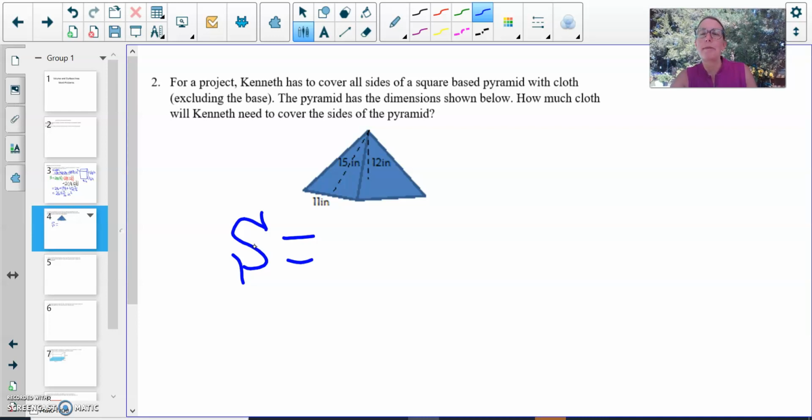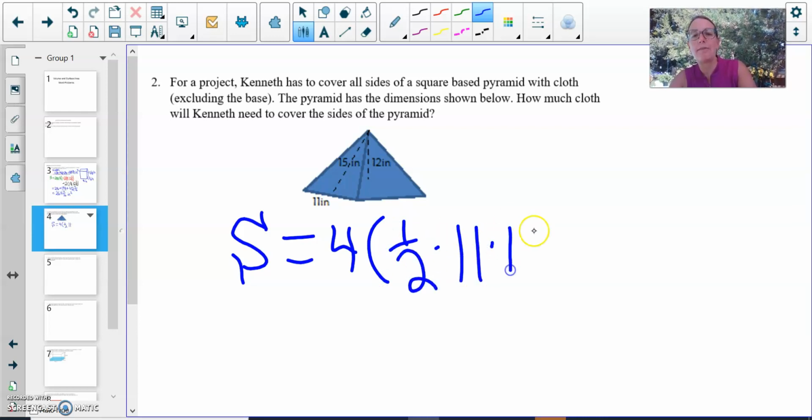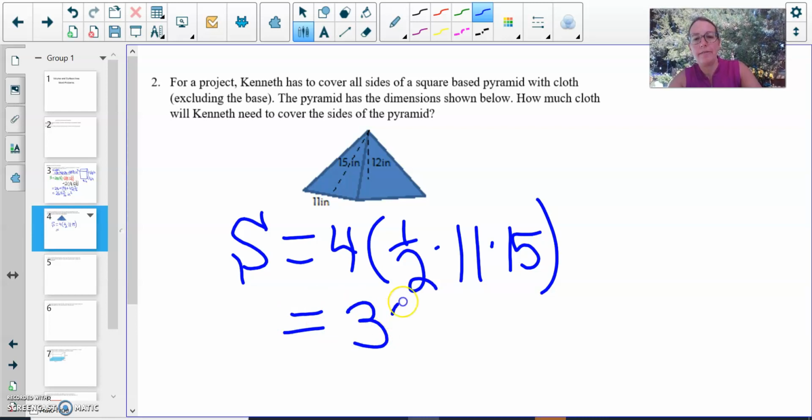Because it's a square pyramid, we have 4 triangles that each have an area of 1/2 of 11 by 15, and that's all he's covering with the cloth. So 4 times 1/2 is 2, times 11 times 15 gives us 330 inches squared.